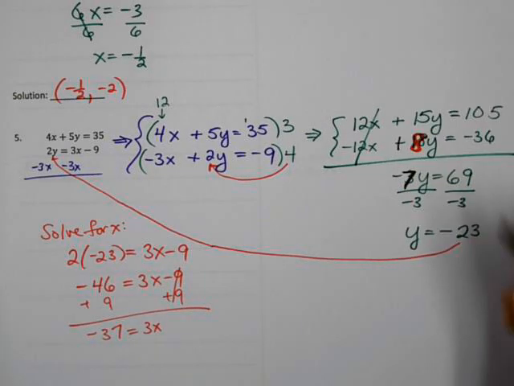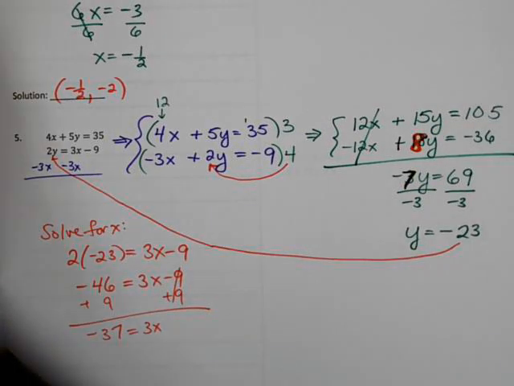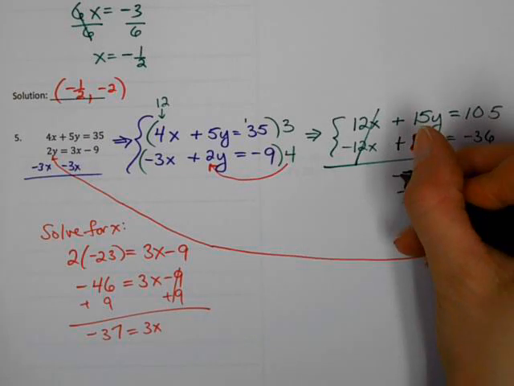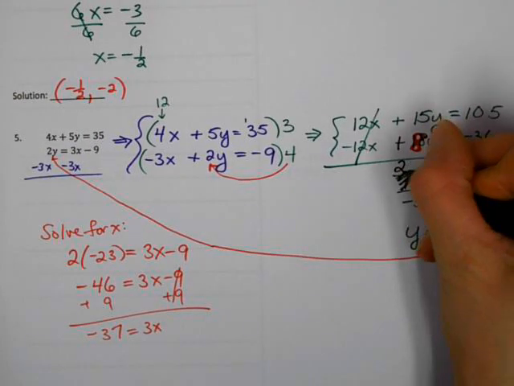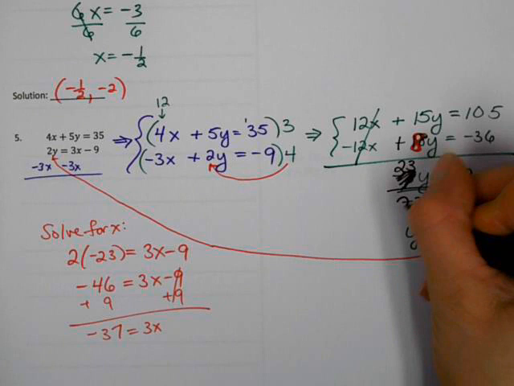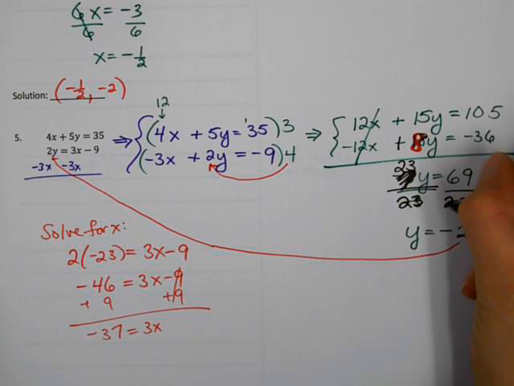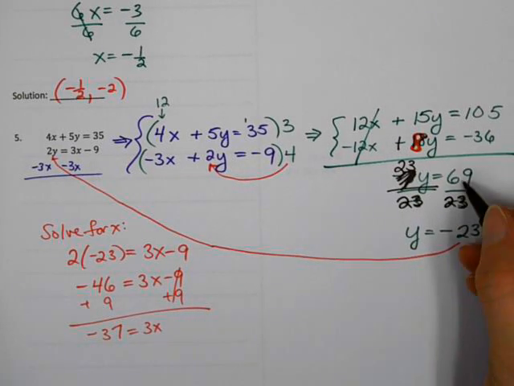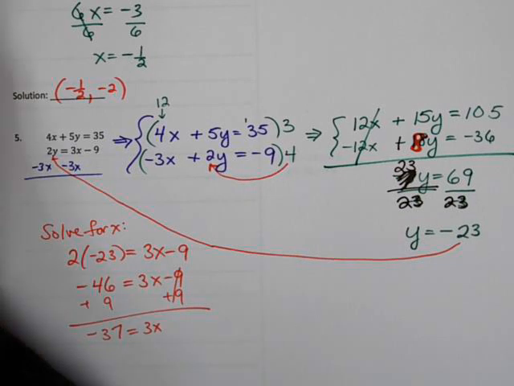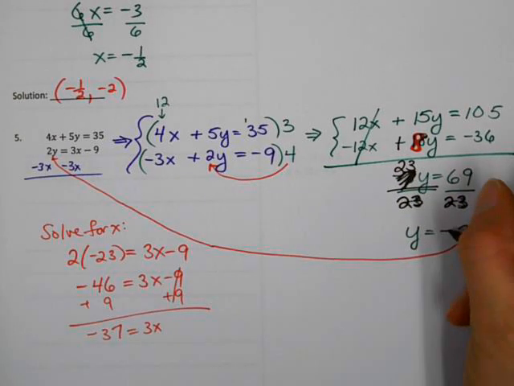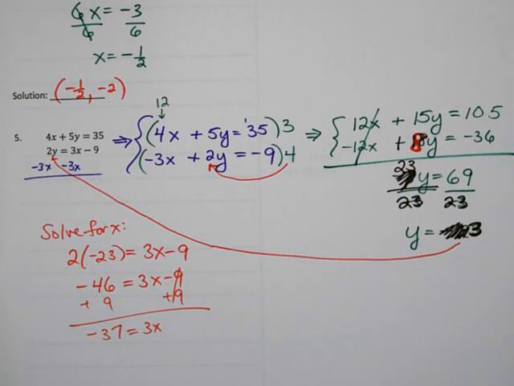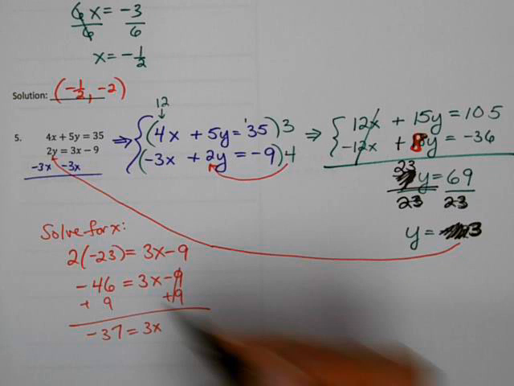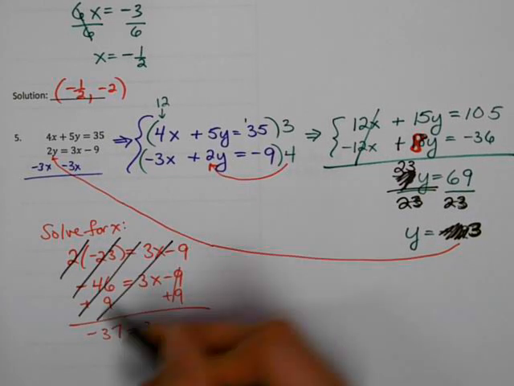Oh no. 15 plus 8 is 23. And if we divide both sides by 23, 69 divided by 23, y equals 3. Oh, that seems much better. Y equals 3. All right, I'm going to scratch all this out and try again.